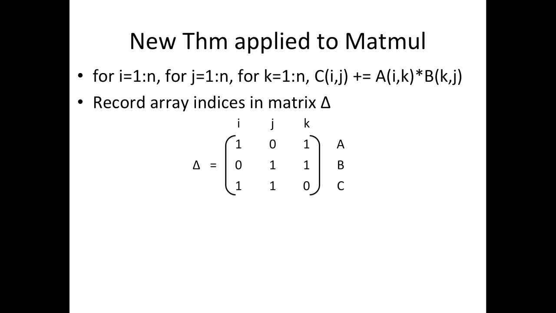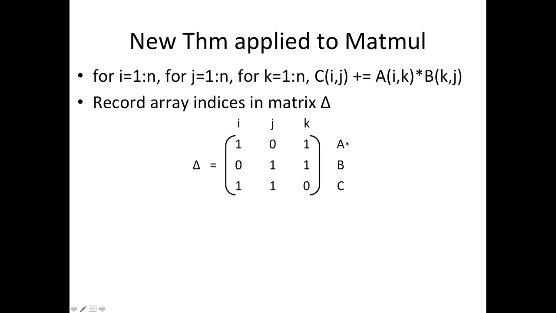So let me apply the new theorem, without proving it, to this new code to show you what I need to know. There's the nested loops, and all I need to know about this code I can record in this array. This matrix records all the information I need about the communication.